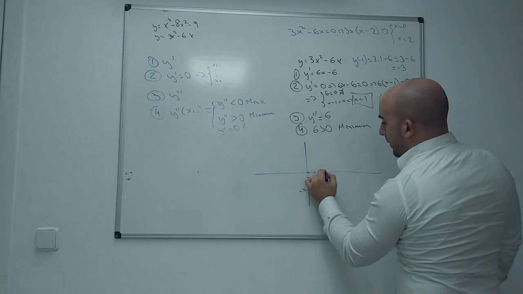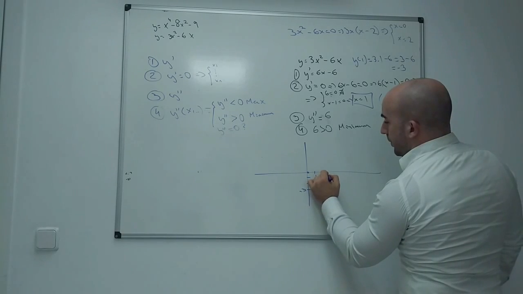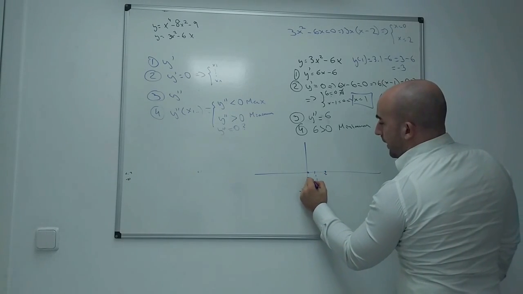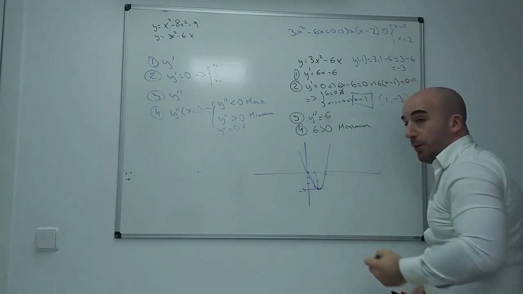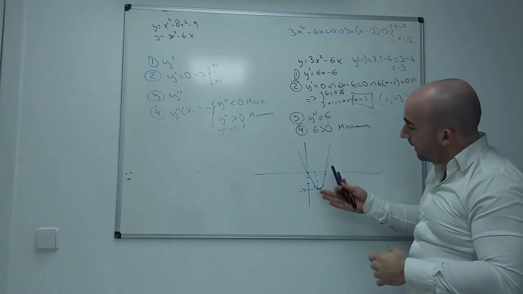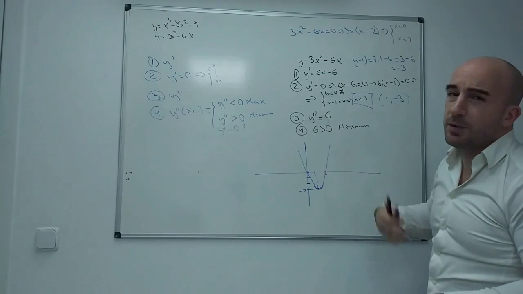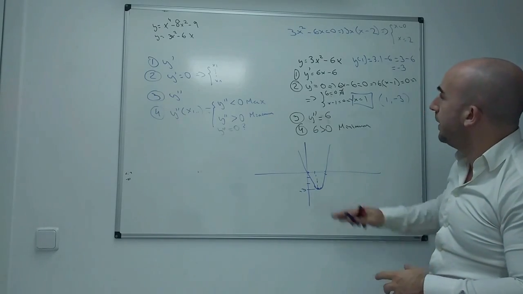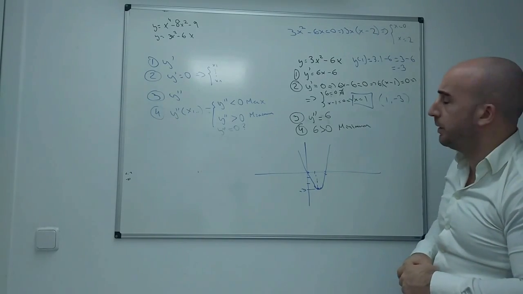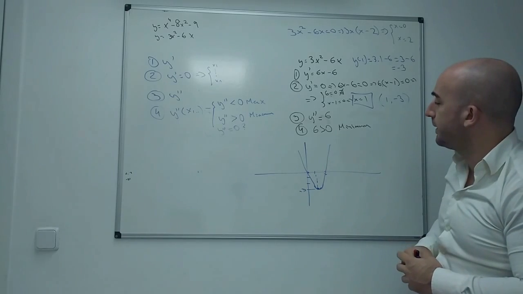So x equals 0 and x equals 2 is where it cuts the x-axis, and that function is that way. So you can see that finding the maximums and minimums is an easy way to draw a function, if we also find the points that cut the x-axis.